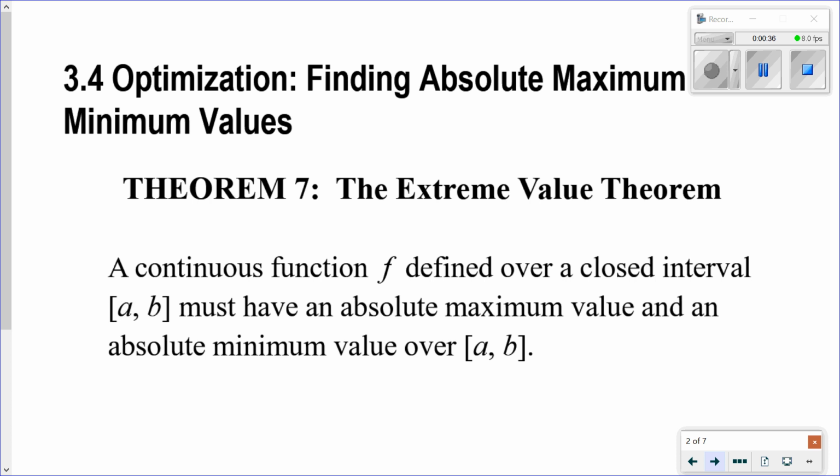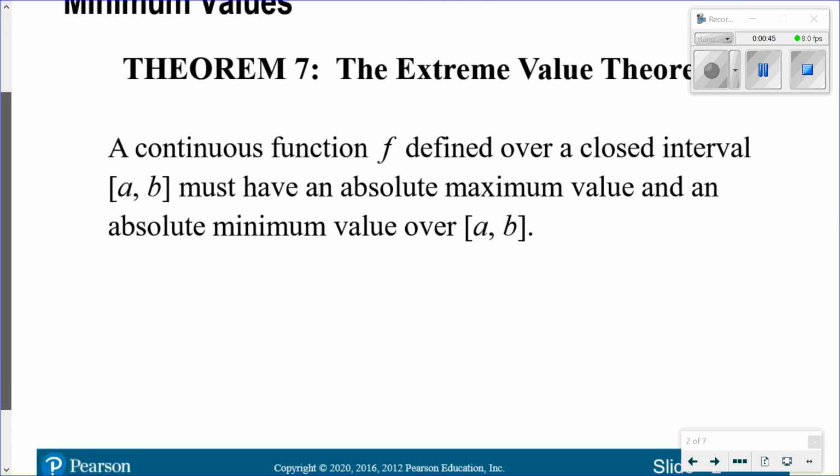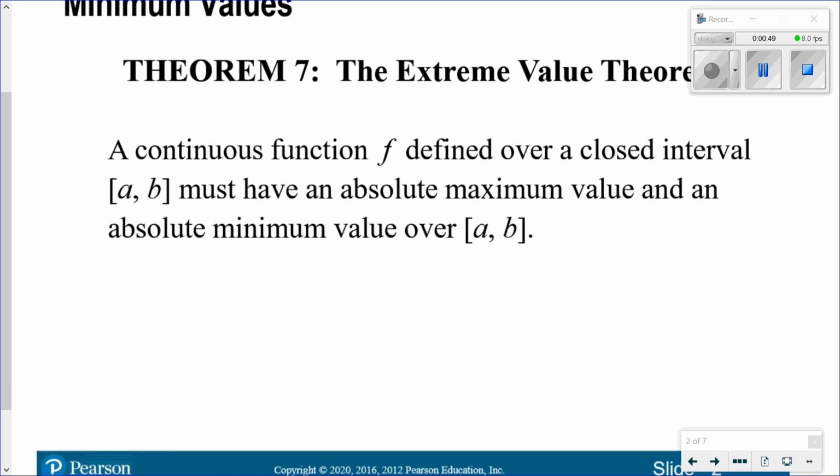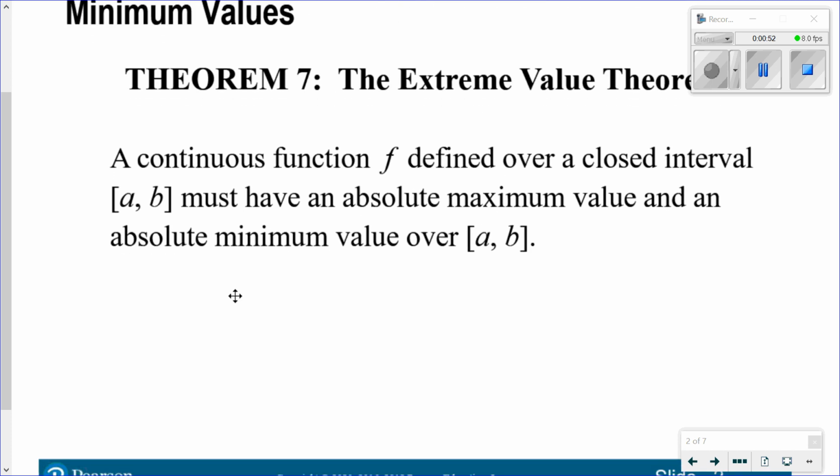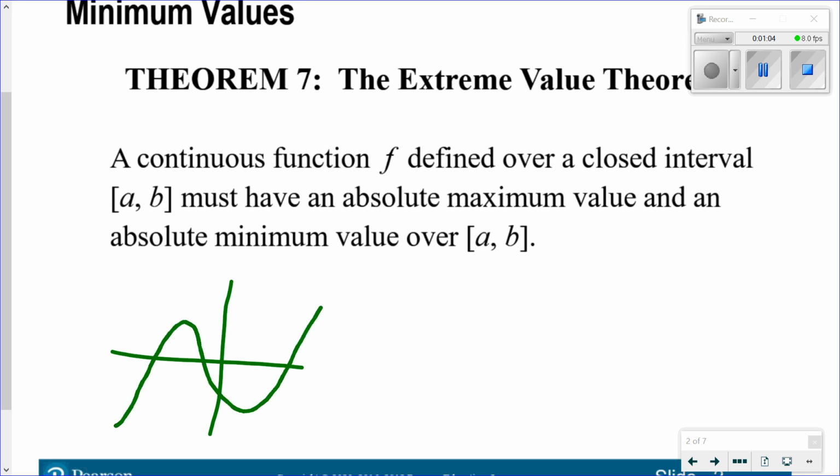is maxes and mins over a closed interval. And this changes things up. So let's look at a picture. If I have a graph, and let's say we have something like this, okay?